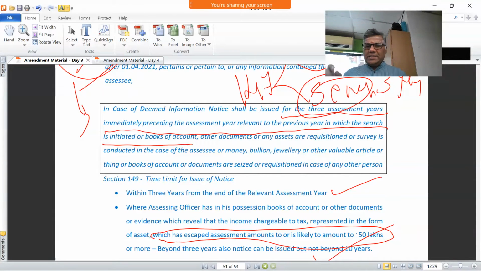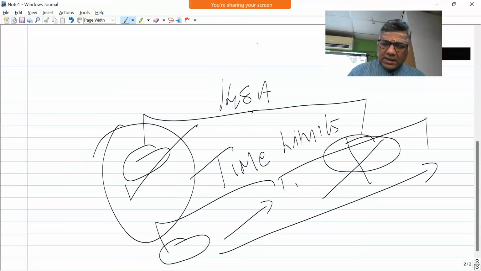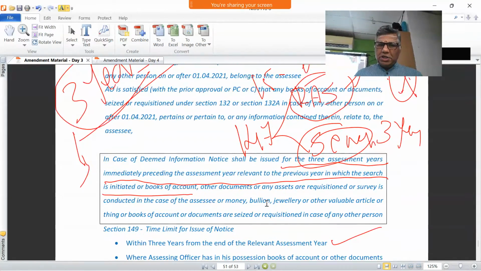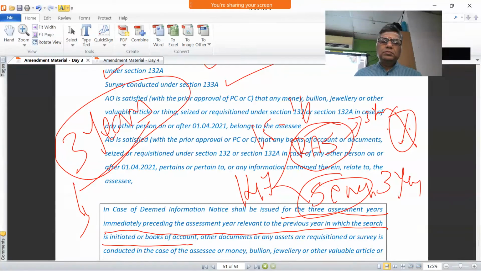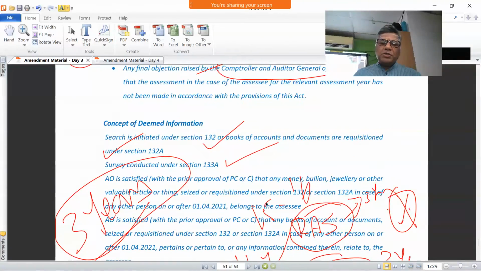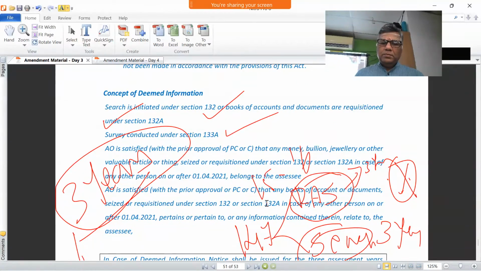Okay, next branch, that is the second branch, is deemed information. Deemed information due to search, survey, or other provisions.